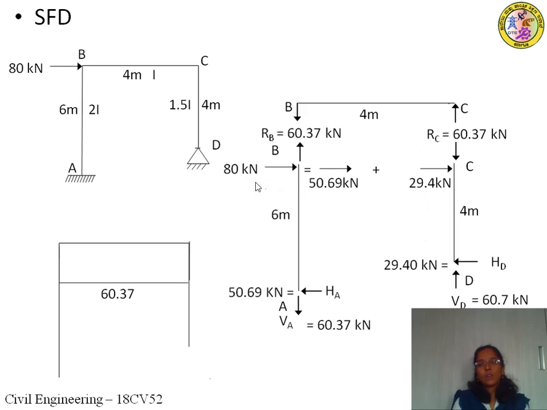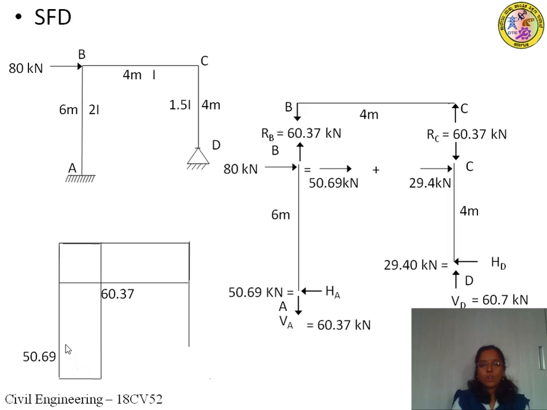If you add these two, you will get 80. So this 80 is replaced with 50.69 and 29.4 kilonewton. Now consider this 50.69 and this horizontal reaction HA. These two are equal, opposite and parallel forces. What type of couple are they inducing? They are inducing clockwise couple. Therefore, the shear force is positive shear force of magnitude 50.69.